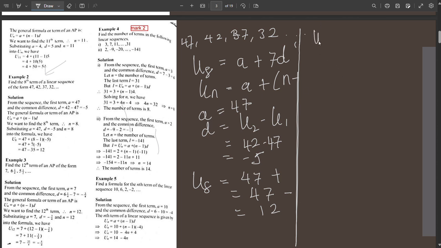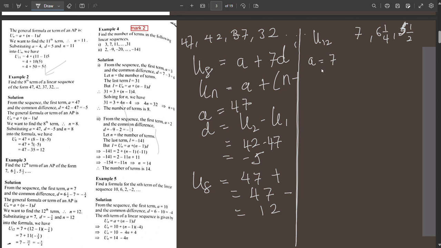So we are looking for U12 of the AP. These are the terms of the sequence. We want the 12th term. We can see A is 7, because obviously it's here. The first term is 7.